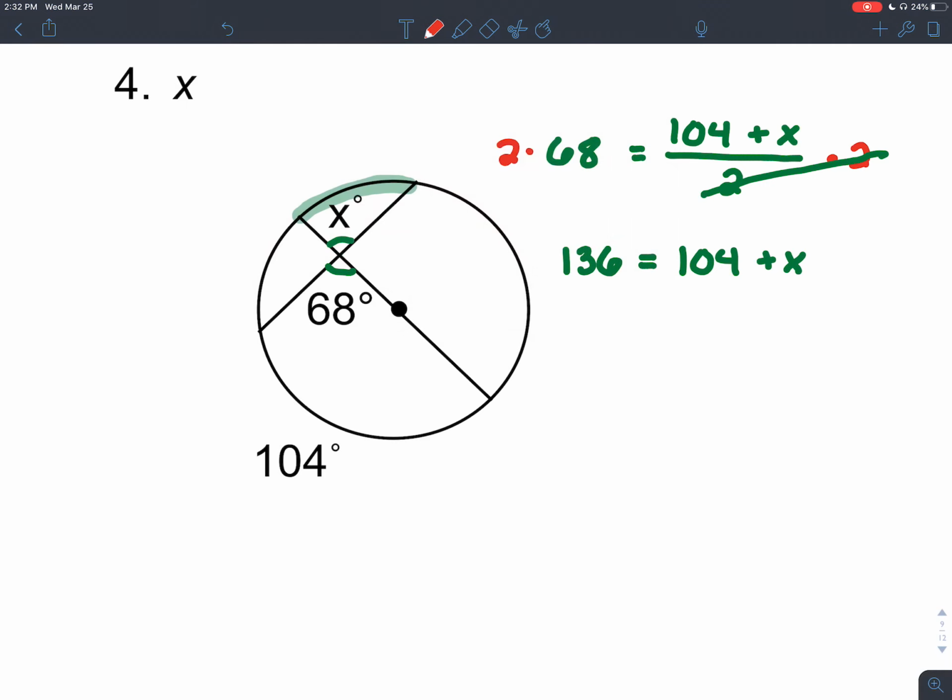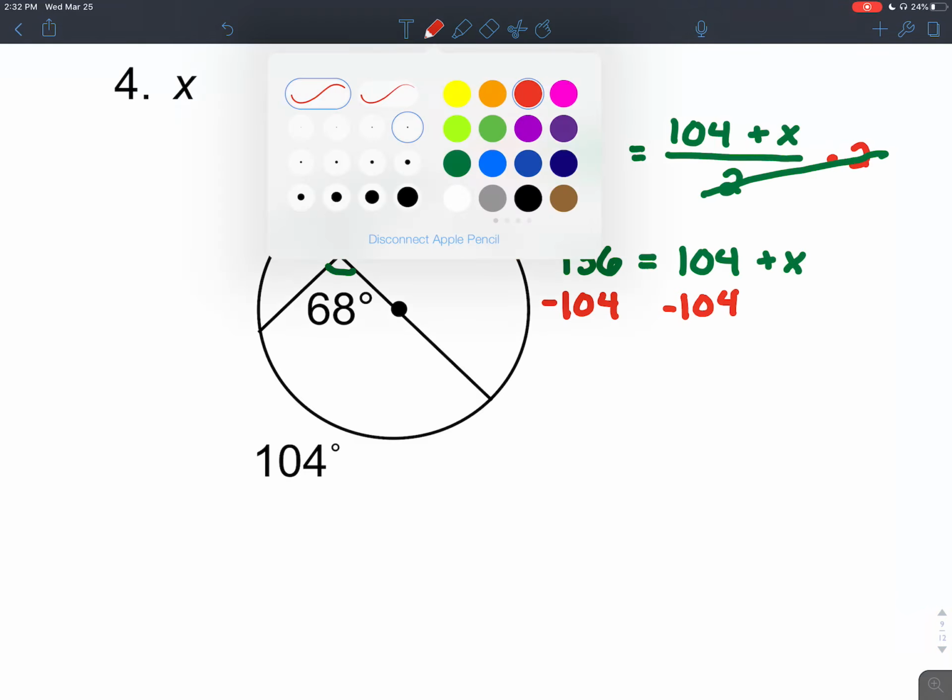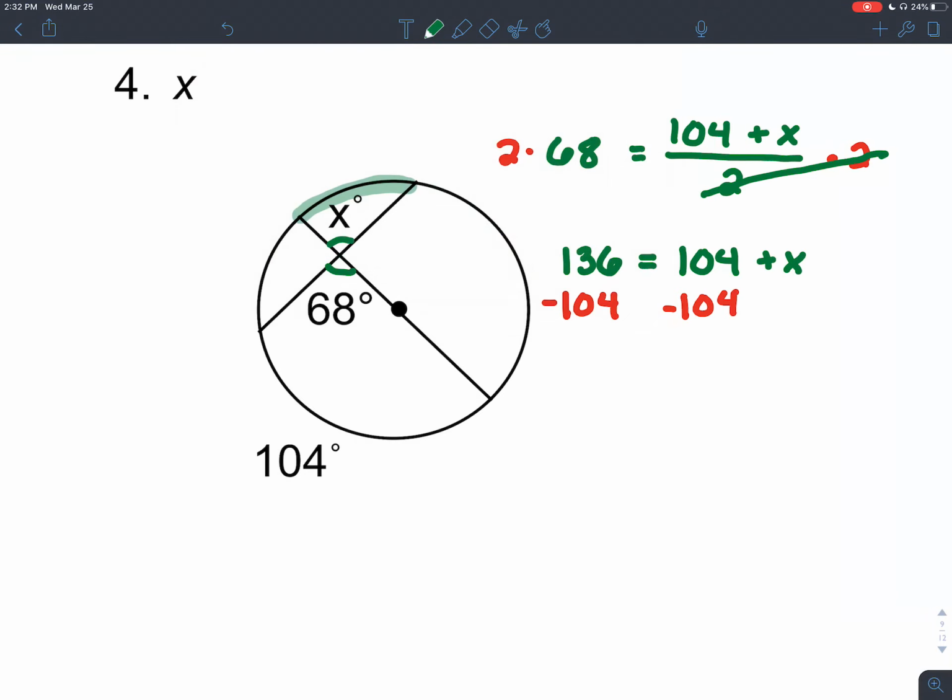We now can subtract 104 on each side of the equal sign, which means we're going to be left with an x on this side. On the other side, 6 minus 4 is 2, 3 minus 0 is 3, and 1 minus 1 is 0. So x is equal to 32 degrees.